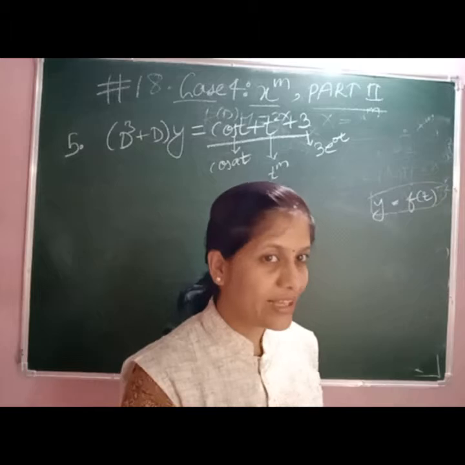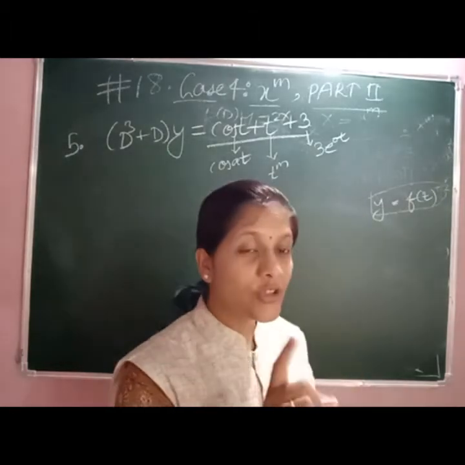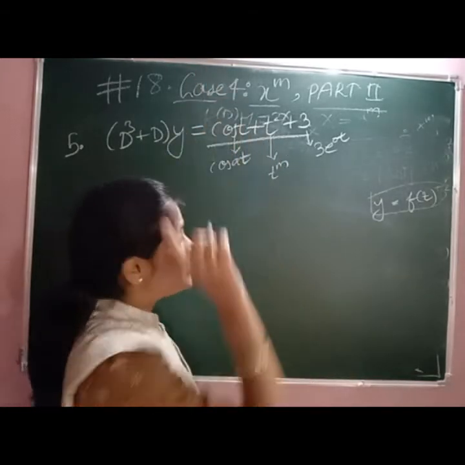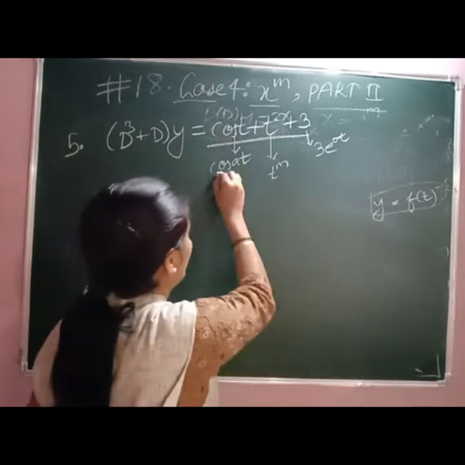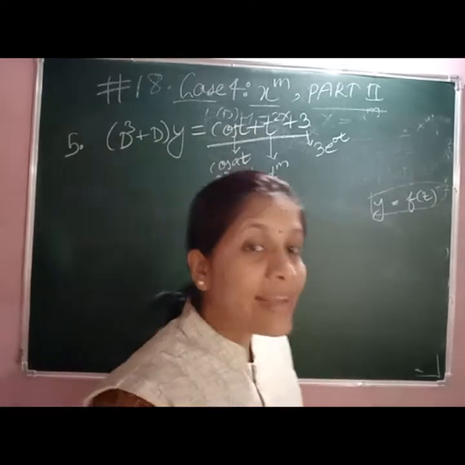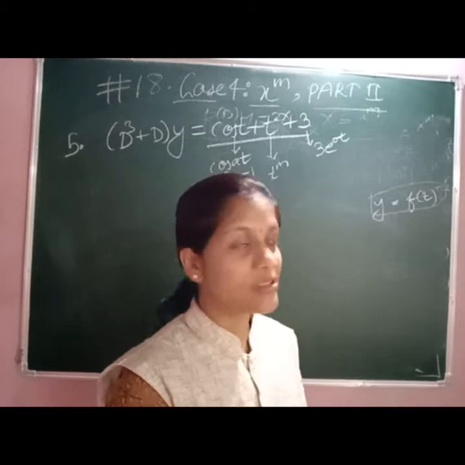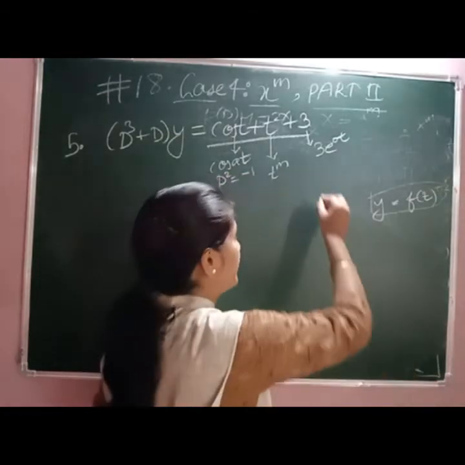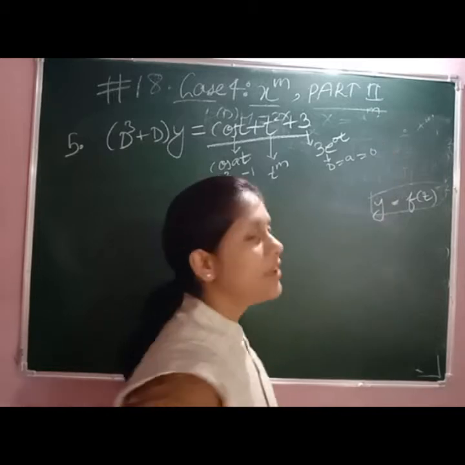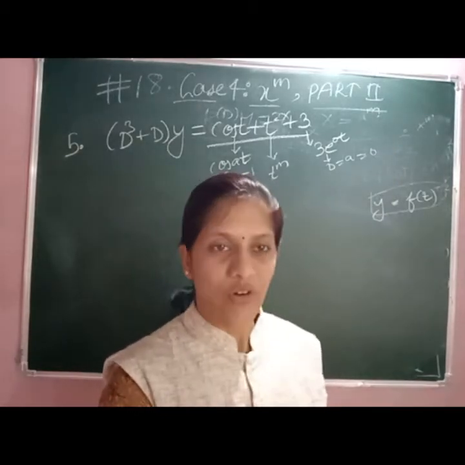As soon as we see it, we understand it is non-homogeneous, a combination of different cases. This is case 3, that is the cos ax form, so D square equals minus a square, minus 1. The x raised to m form we have to write as 1 plus or minus phi D whole inverse of x raised to m. And here we put D equal to a equal to 0. This is regarding PI, and CF we already know.